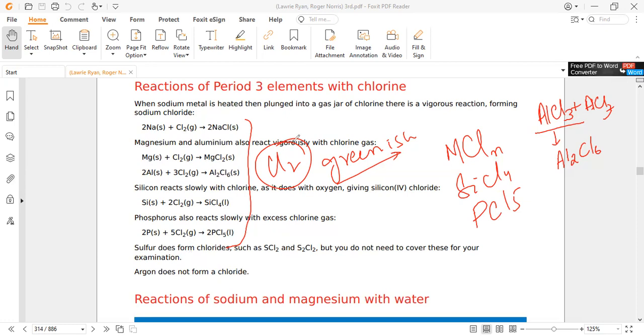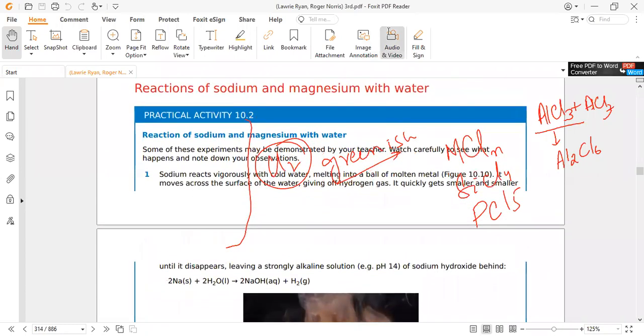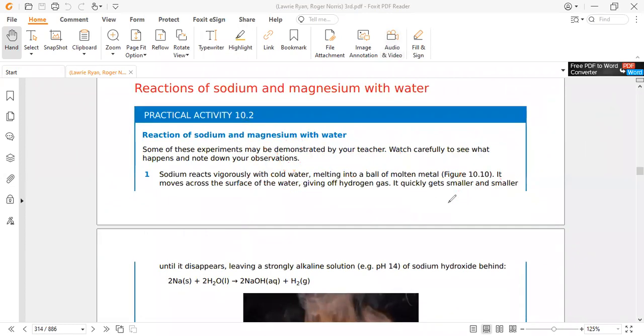The other reaction, a second form, is where we react different elements with period 3 elements. We already discussed period 3 elements with oxygen, period 3 elements with chlorine, and period 3 elements with water.